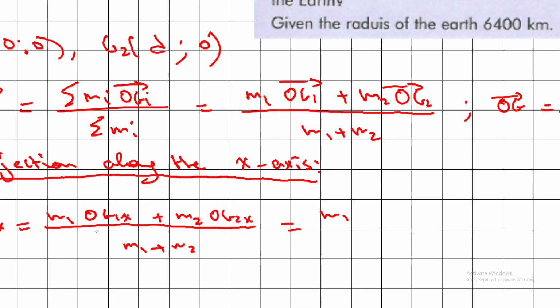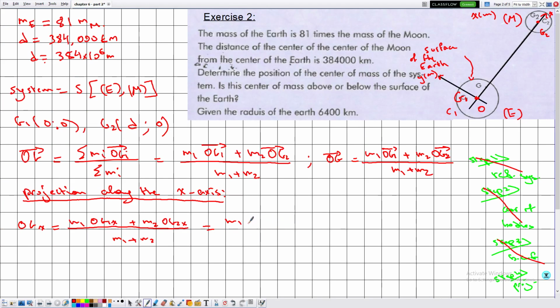Notice that here G1 is being measured with respect to the origin, so this is simply given by x1 plus M2 x2 divided by M1 plus M2. Now this is x1, this is y1, this is x2, and this is y2. So the value of x1 is given by 0.